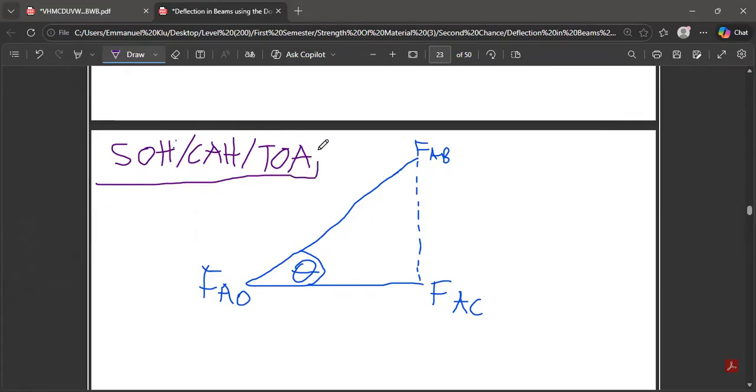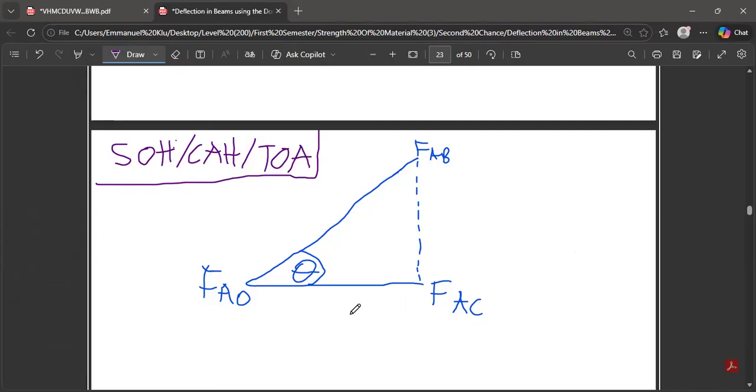SOHCAHTOA implies that if we want to get our horizontal forces, we have to use the cos. If we want to get the vertical forces too, we have to use the sine. Good students should have been able to write this down somewhere.